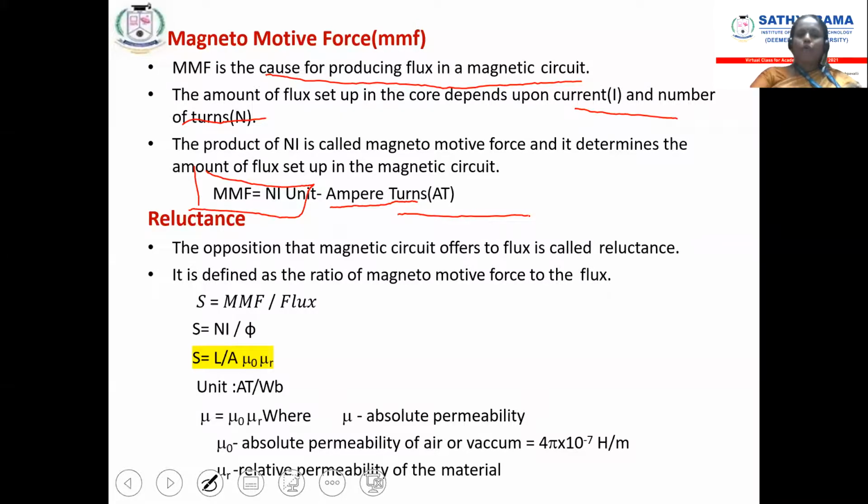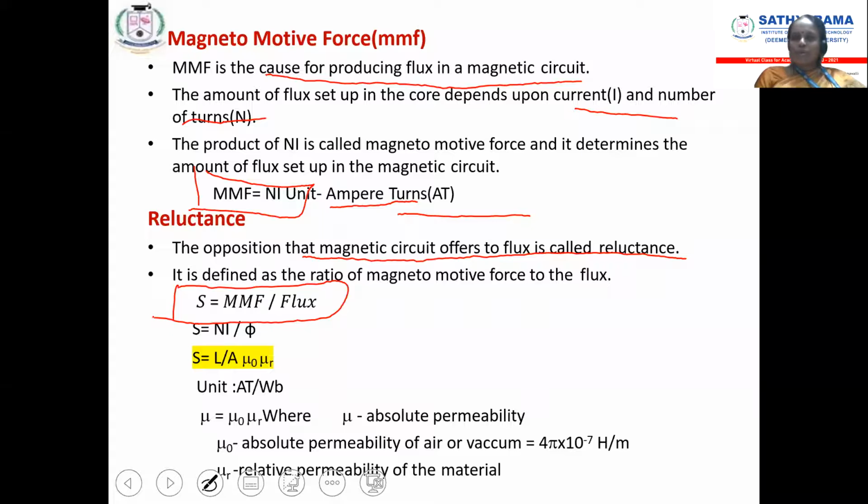Reluctance: the opposition that a magnetic circuit offers to the flux is called reluctance. We all know V equals IR. So what is the formula for reluctance? MMF equals flux into reluctance, so reluctance S equals MMF by flux.